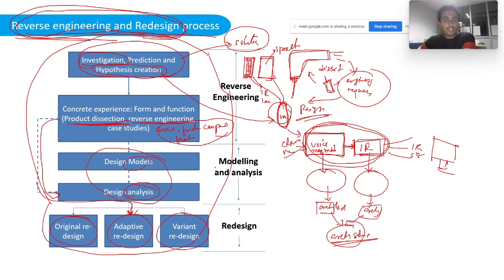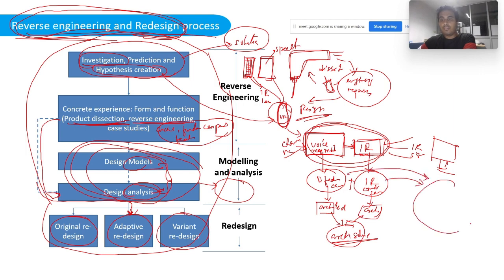The modeling and analysis phase is optional, only when it is required for further modeling or analysis of the design. For example, here if we understood that the voice recognition modality has this particular architecture, features and components, and the IR modality has these components, you need to check whether just a combination of these two technologies will straight away give you the solution, or you need to do further analysis or modeling.